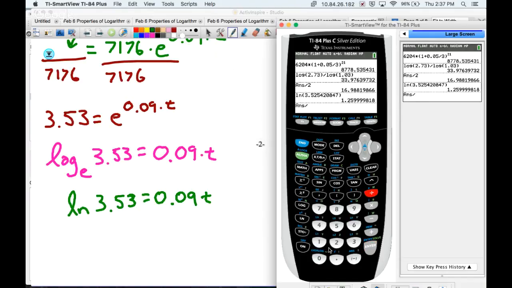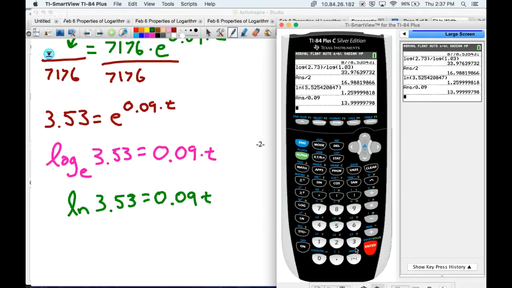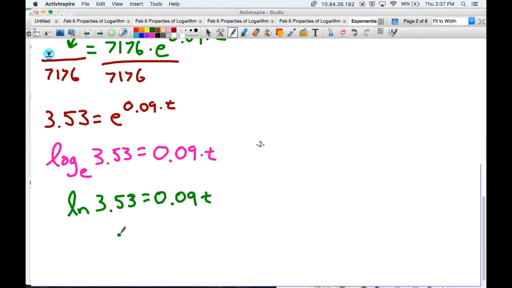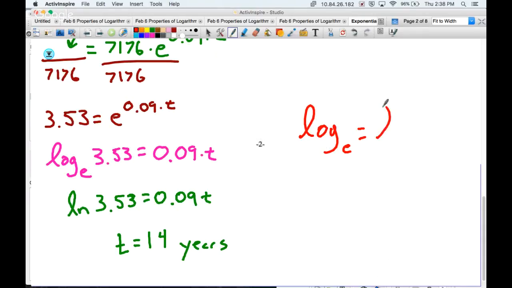And we'll want to take that and divide it by 0.09 to get that we should wait 14 years. T equals 14 years. So yeah, log base e is ln. I'll write that down. Log base e equals ln. Same thing.